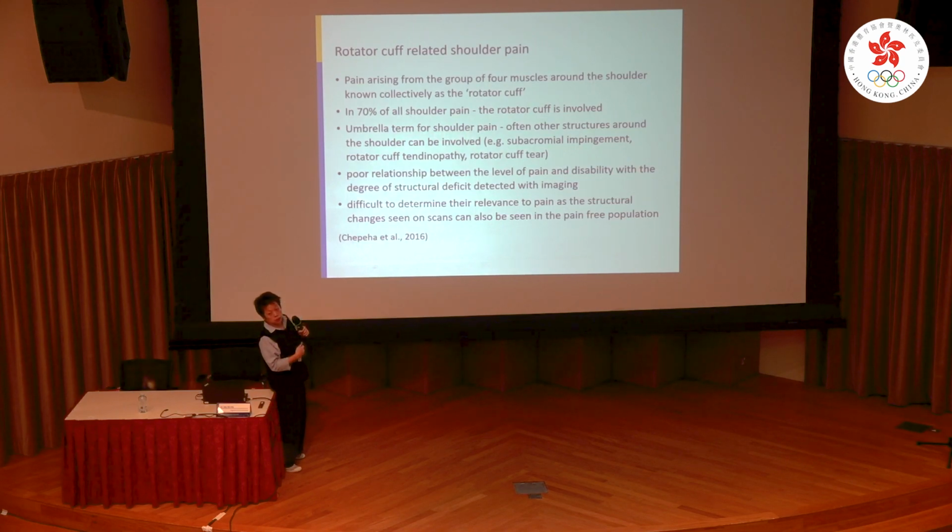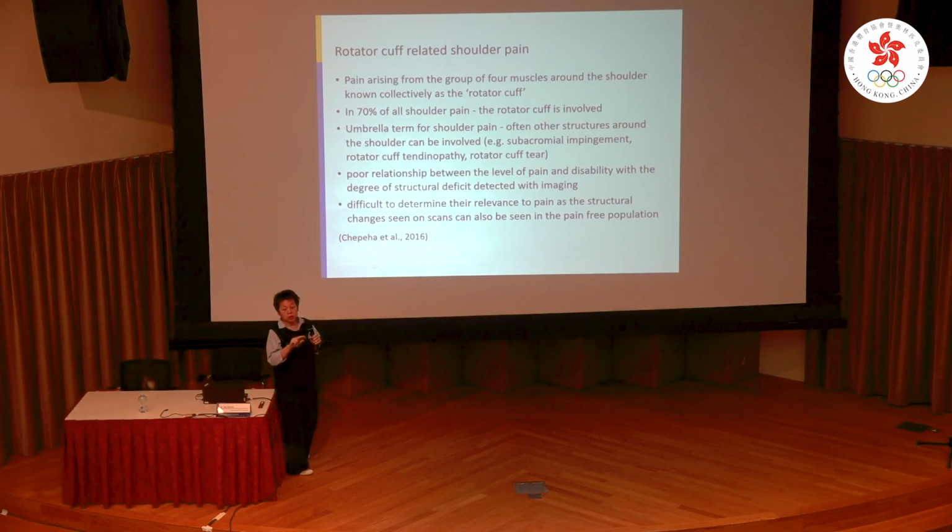Some of the pathology terms we used in the past, subacromial impingement, rotator cuff tendinopathy, or maybe an older term you heard, tendinitis, and rotator cuff tear, are now all under this particular umbrella term. The reason is that we have very powerful MRIs, so everything is seen in minute detail, down to which particular part is injured.